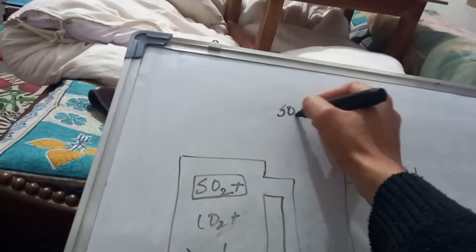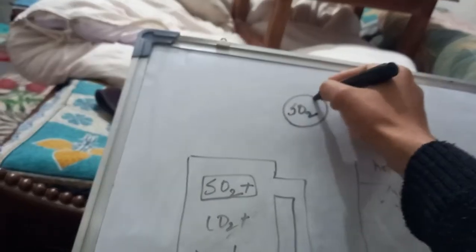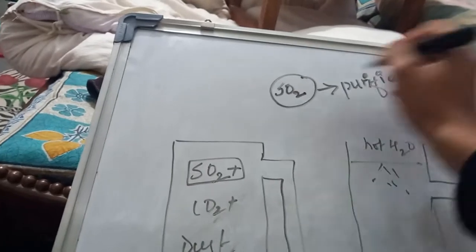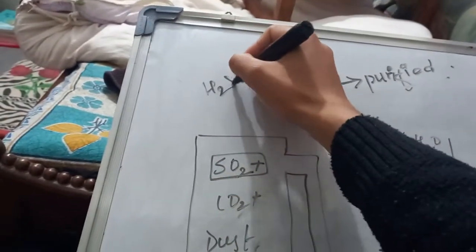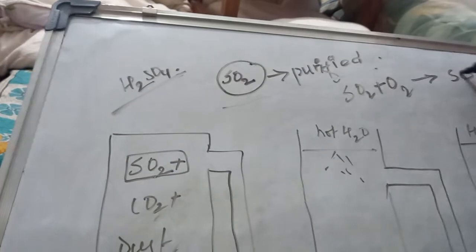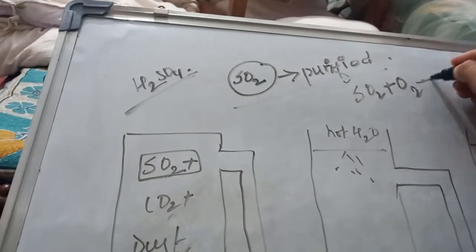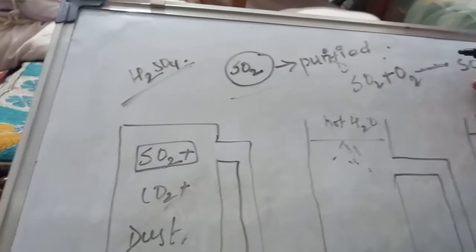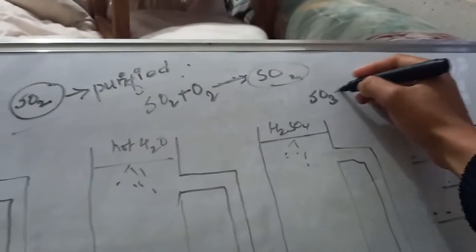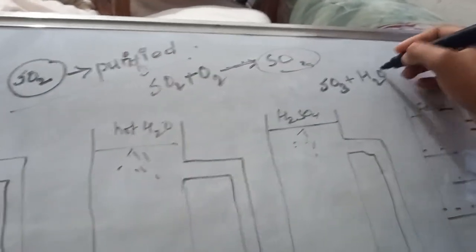Now the main process: we got SO2 and purified it. Our main target is H2SO4. For this, we react SO2 with O2 to get SO3.